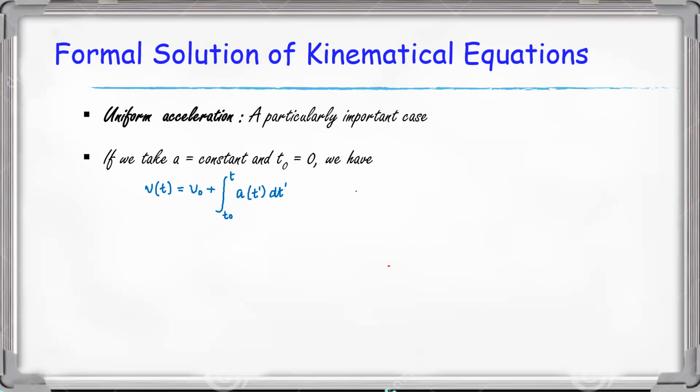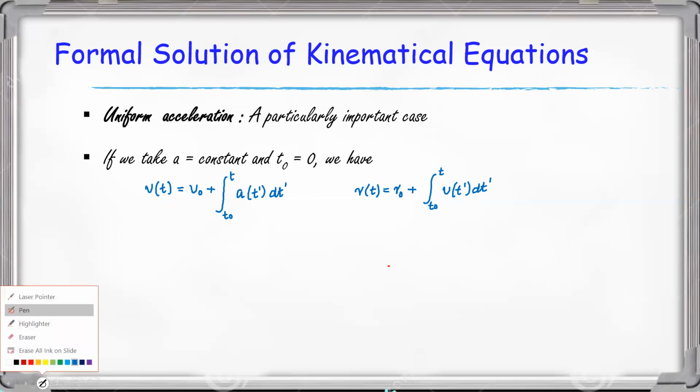And the second equation, for position r of t, is equal to r0 plus the integral from t0 to t of v of t dash dt dash. Here in our special case, a is constant and t0 is equal to 0. Then we rewrite these two equations using the special condition.